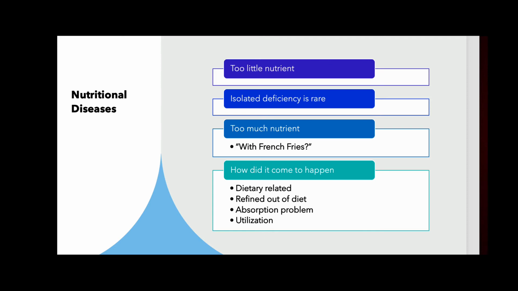Vitamins and minerals, this is what I want you to pay attention to, which we all know function as enzymes and coenzymes. They do not produce energy by themselves, but they are a part of the process. These are vital for metabolic pathways, and they're also important for structural components, right? So we could get too little of them, which could cause serious complications.